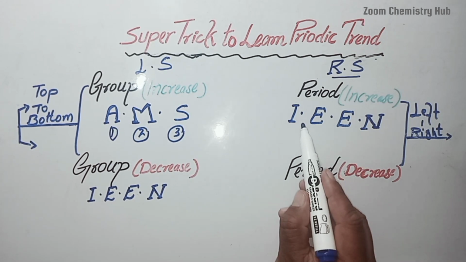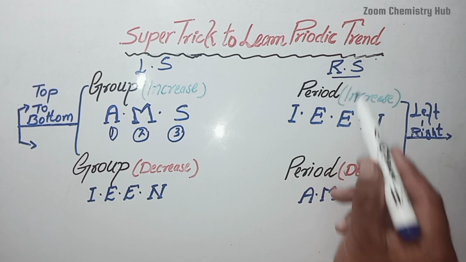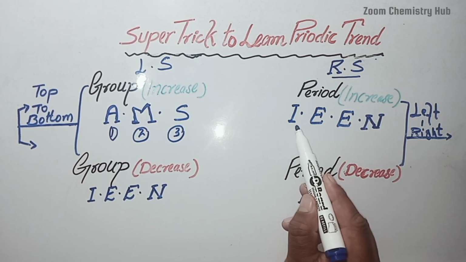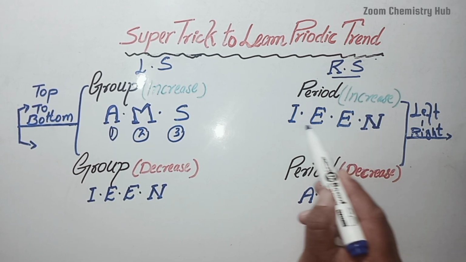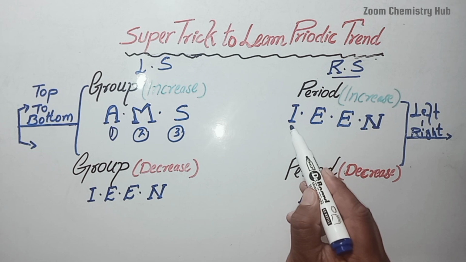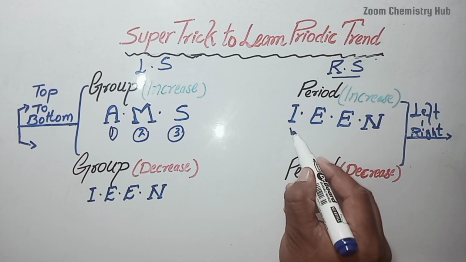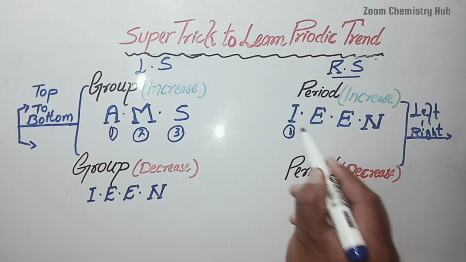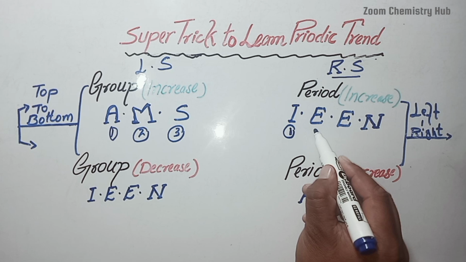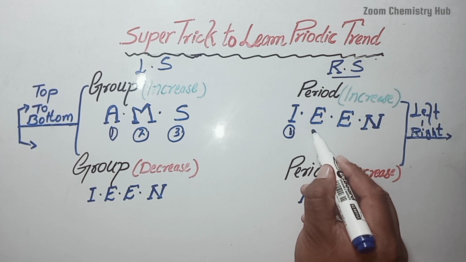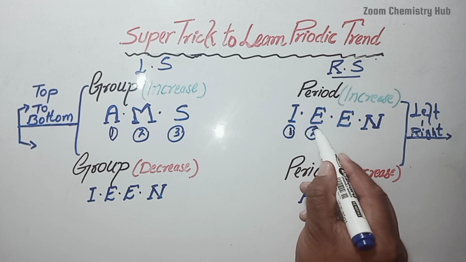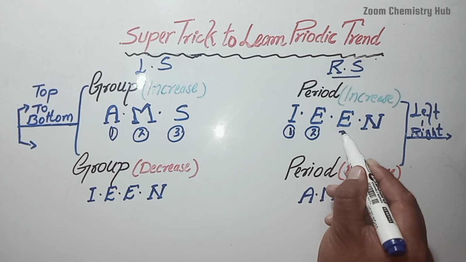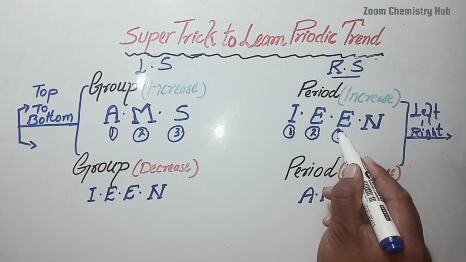Similarly, on the right side below the period we have the properties. Ionization energy, we give the number 1. Electronegativity, 2. Electron affinity, 3.